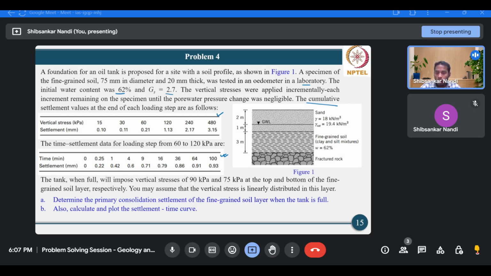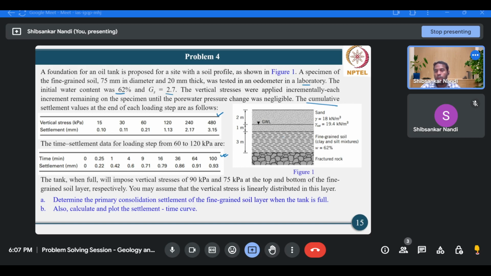At the top, it will impose a vertical stress of 90 kPa, and at the bottom a vertical stress of 75 kPa. For ease of calculation, it is mentioned that you can assume the distribution is linear, as if the stress is distributed linearly from top to bottom of this fine grained soil layer. Is it fine?